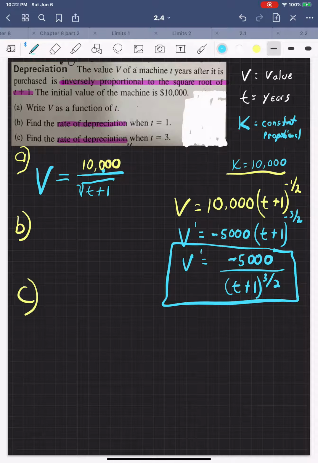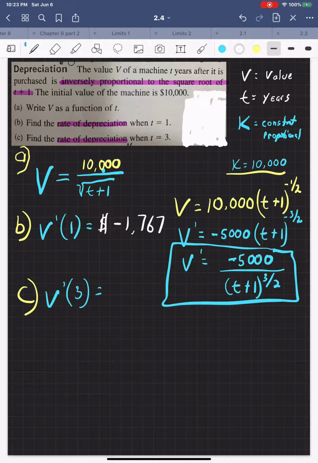So part B says after 1 year, so V prime of 1. C is after 3 years. How much value are you losing per year? So V prime of 3. Okay, so I have V prime of 1. Again, you should double check this arithmetic, but I'm getting negative $1,767.